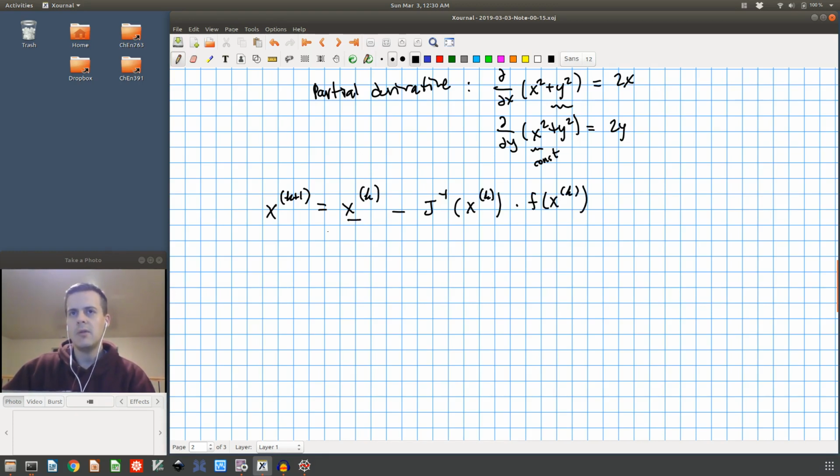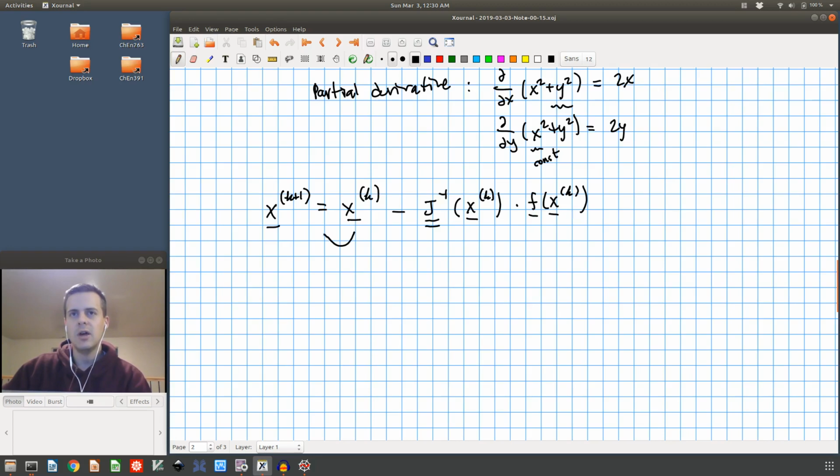And that came from x of k plus 1 is g of x of k. Let me put the right vector notation under here. Alright, so this is not the most useful form for this, so I'm going to do a little bit of algebra.